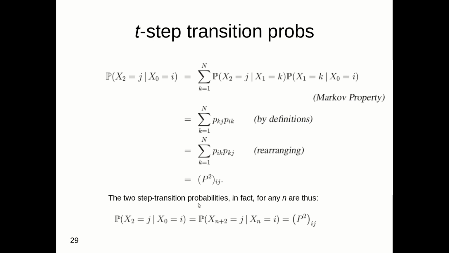And so the 2-step transition probabilities, in fact for any n, so not only 0 and then 2, are given as follows. The conditional probability of ending up in state j after 2 time steps, given that we started in state i, equals the conditional probability of being in state j after n plus 2 time steps, conditional on that we started in state i at time n.